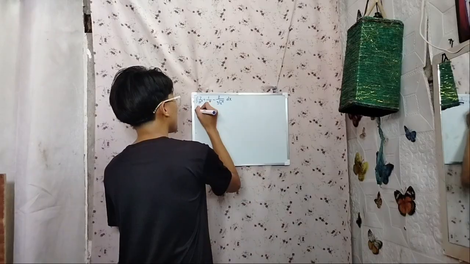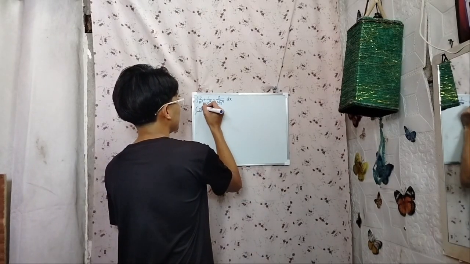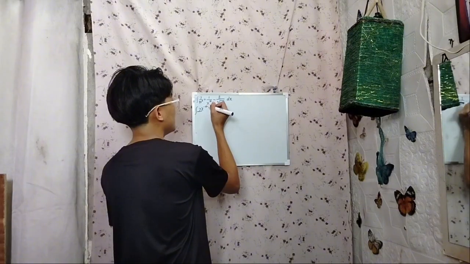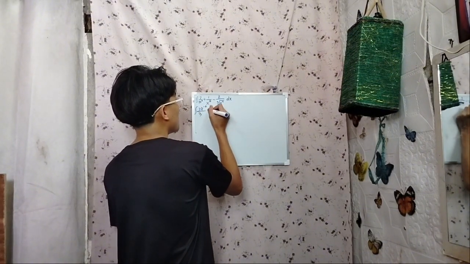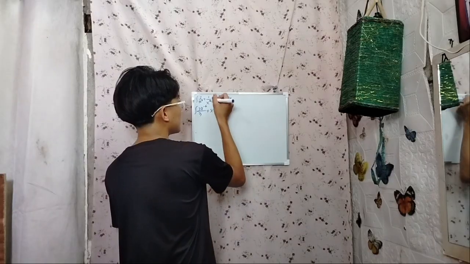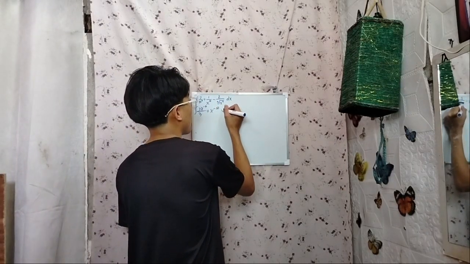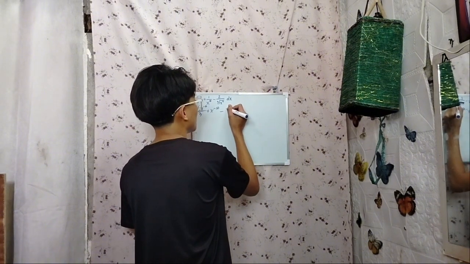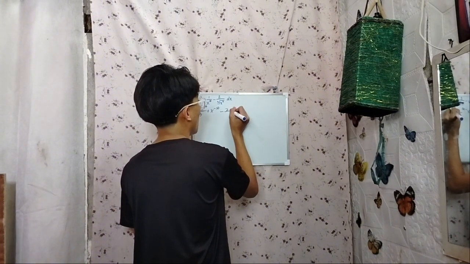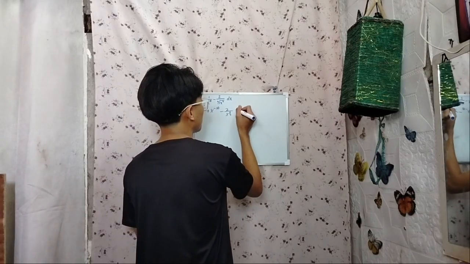So the integral becomes 7x raised to negative 6 over 3, plus x raised to negative 10, minus 2 over x raised to 4/3 dx.